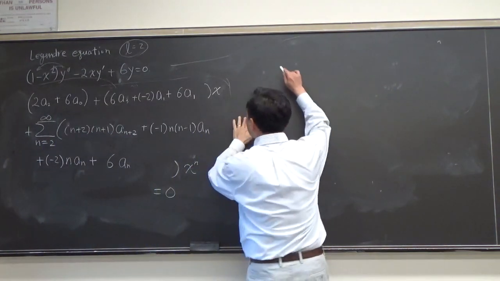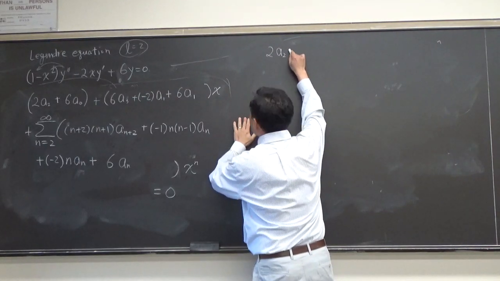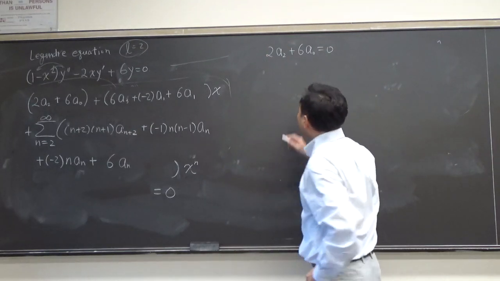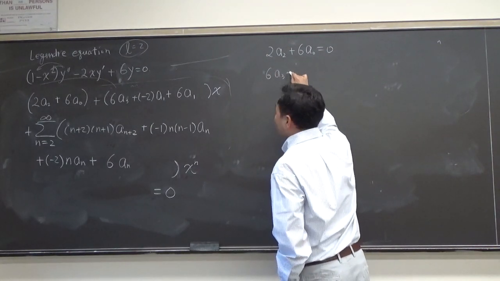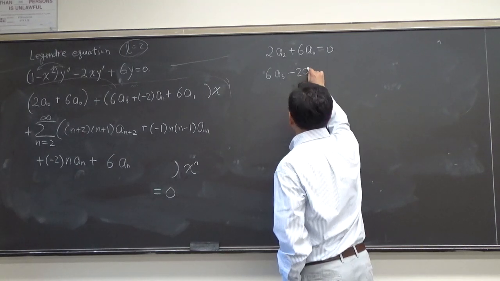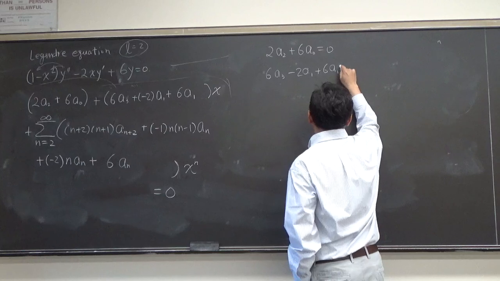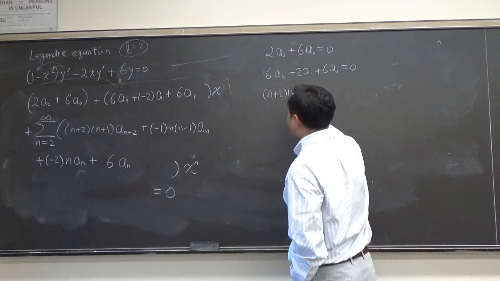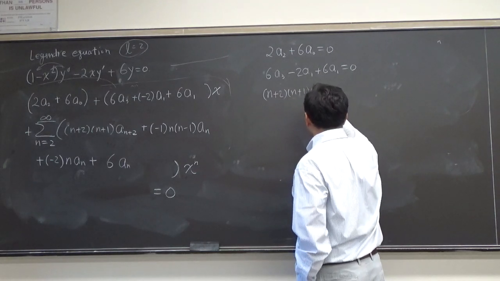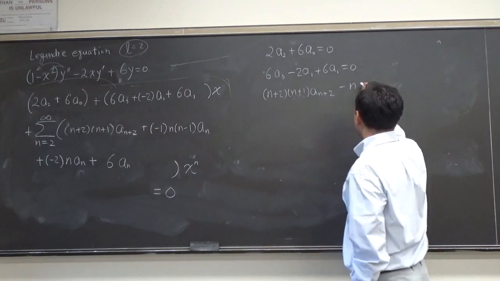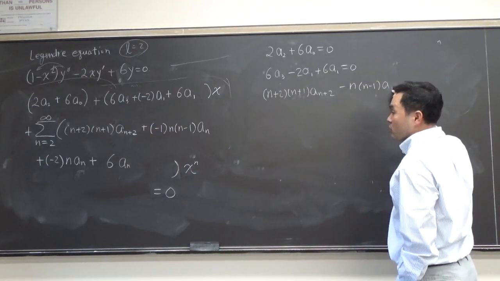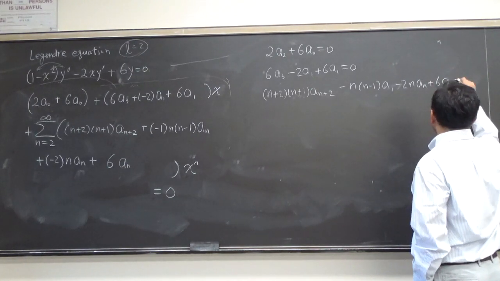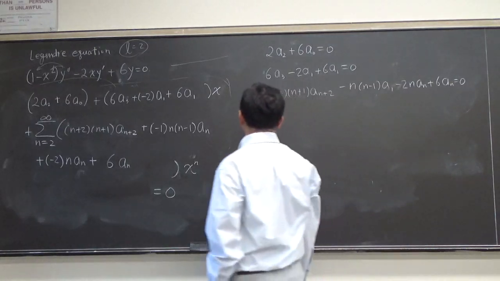So here's what we have. We have 2a2 plus 6a0 equals 0. And also 6a3 minus 2a1 plus 6a1 equals 0. And also n plus 2, n plus 1, a n plus 2, minus n minus 1, a n, minus 2n a n, plus 6a n has to equal 0.